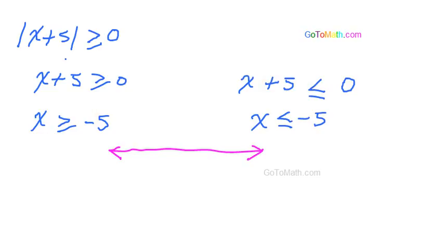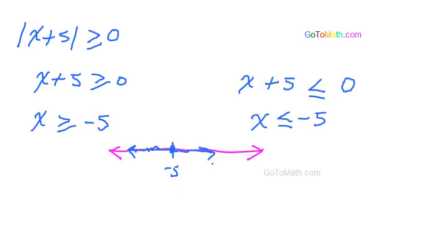Anyway, I guess it's one of these trick problems. Here's -5 right here. If we look at this one, x is less than or equal to -5, so we put a solid dot, and it's everything to the left of -5. And then this one here is a solid dot, and it's everything to the right of -5.